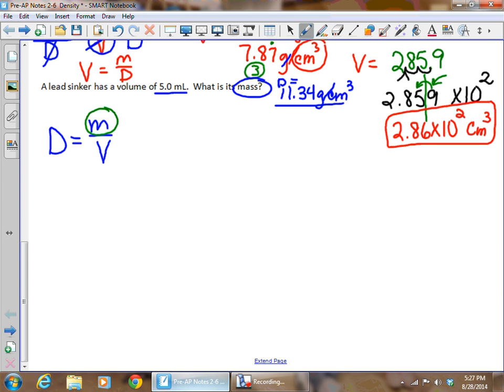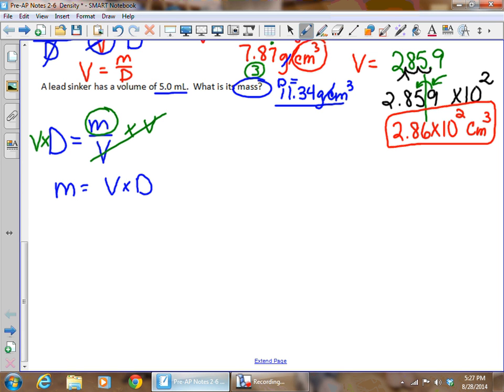Once you get that one down, you can do any of these three variable equations. But in this case, we've already got mass on top, so all we need to do is get rid of volume. And we can do that by multiplying both sides by V. That's going to reduce this to 1 or cancel it over here. I always like my variable on the left, so I'm just going to flip-flop those values and say that M is equal to V times D.